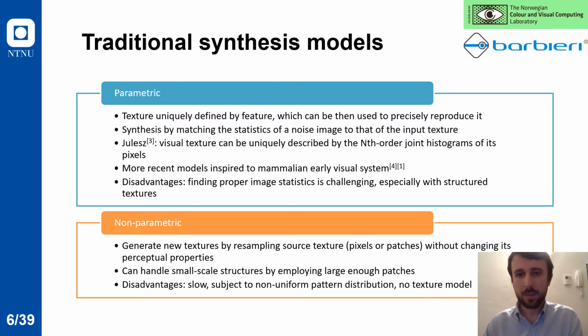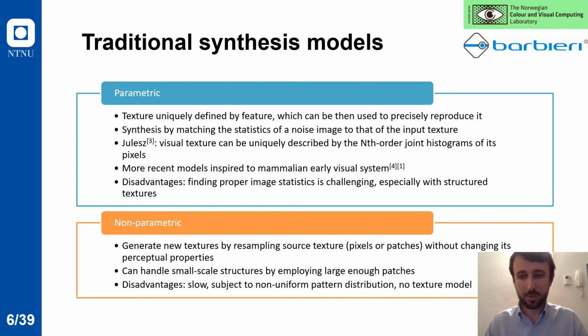For example, various successful parametric techniques are based on models inspired by the mammalian early visual system, for example, Gabor filters or wavelet filters. The main disadvantage of these techniques is that it's very challenging to find proper image statistics that could include all possible textures, especially structured textures.